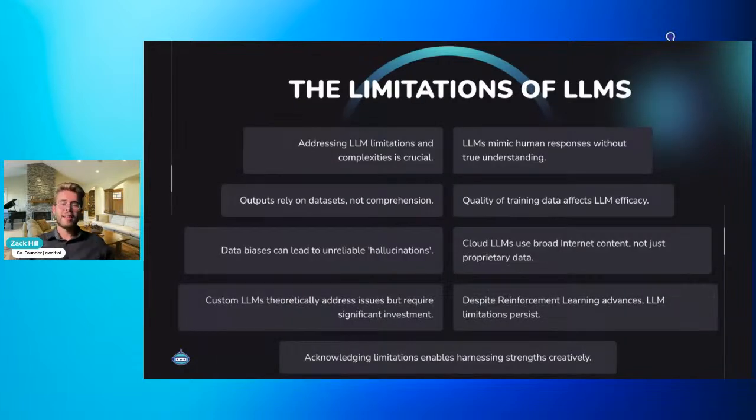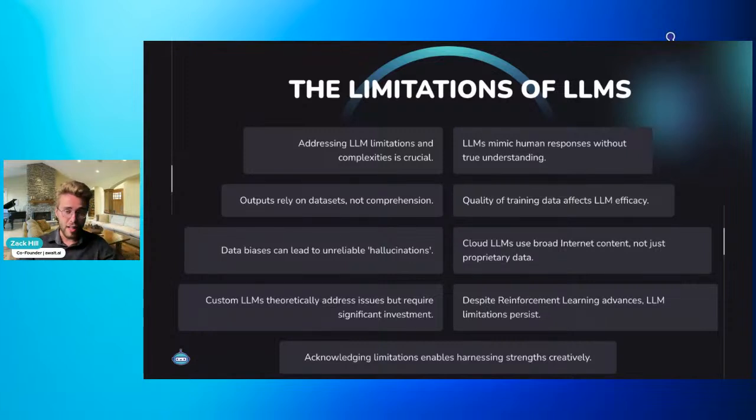As you integrate LLMs into your business, it's imperative to address their inherent limitations and the complexities they introduce. LLMs have demonstrated advanced capabilities in generating text that closely mimics human responses. However, beneath this facade lies an important distinction. LLMs do not possess proper understanding or reasoning abilities.